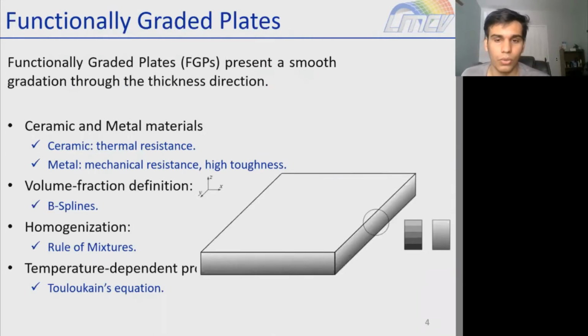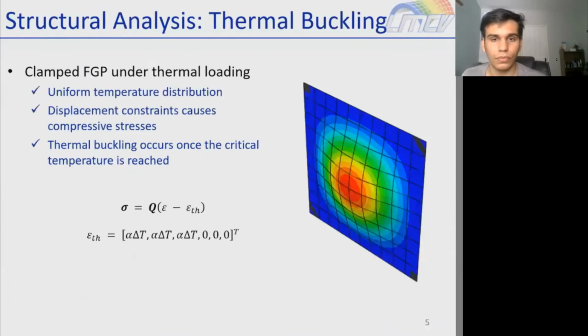In this figure, you can see a plate with a gradation along the thickness direction. One of the reasons for studying this type of material is the ability they have to withstand large temperatures. In this work, the temperature effect is explored by thermal buckling analysis.